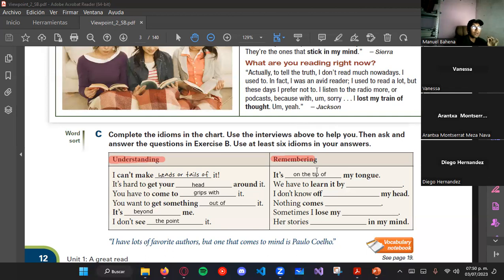Perfect. We have to learn it by heart. Exactly. Yes. Which means de recordarlo con amor, de aprenderlo con el corazón, which is something that you have learned so well that you don't have to read it or review it again.